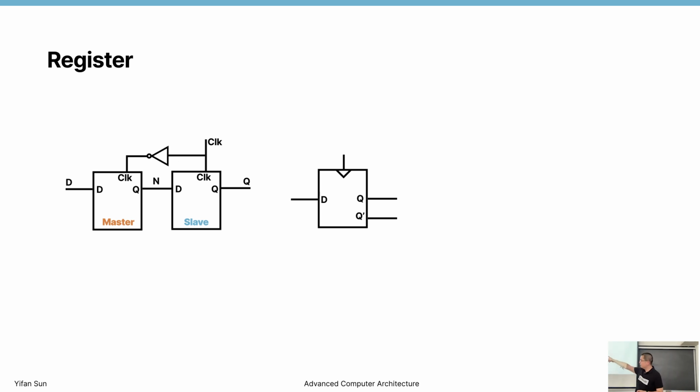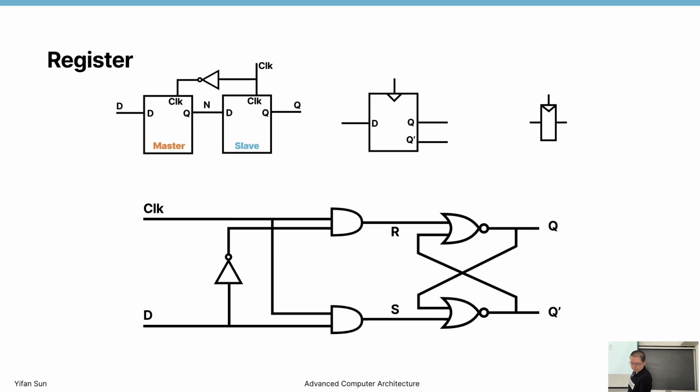We can write this D flip-flop in a simple form, just a block with D and Q. Or even simpler, sometimes we just write a symbol like this: there's a clock signal, an input and an output. The output always follows the input when there's a rising edge, or sometimes a falling edge. Some circuits are triggered by the rising edge and sometimes by the falling edge; it really depends on the hardware design. For the rest of the time, the result will hold.